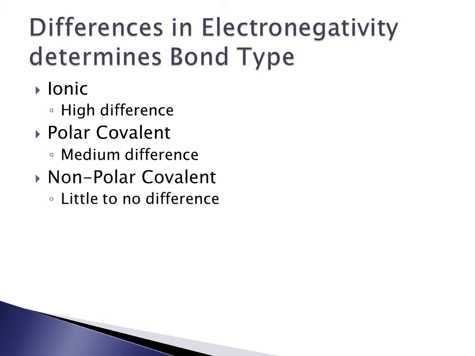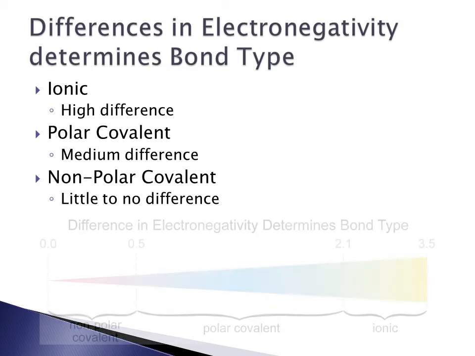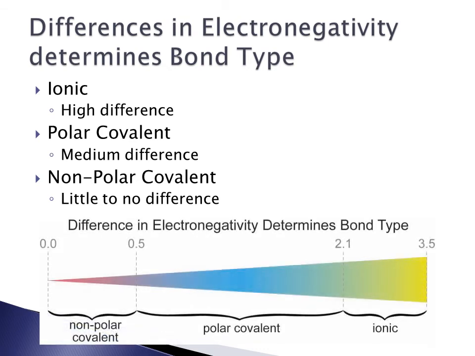If there is a mid difference and you have two nonmetals, and there's a slight difference in electronegativity values, then we will have a polar covalent bond. And then finally, if there is little or no difference between electronegativity values, our bond will be nonpolar. So we consider anything that is in the difference range of 0.5 down to 0 a nonpolar covalent bond.